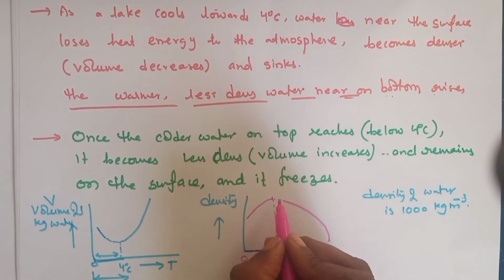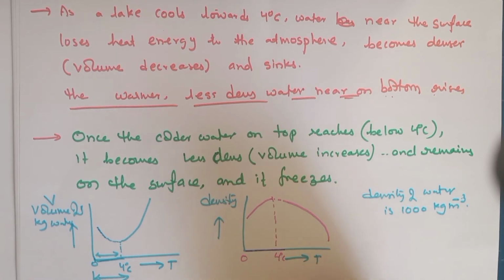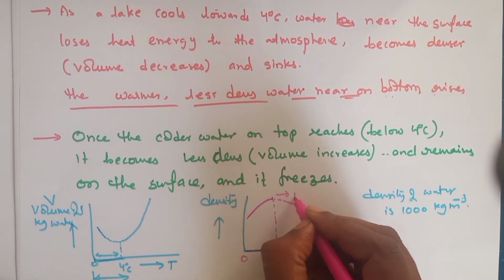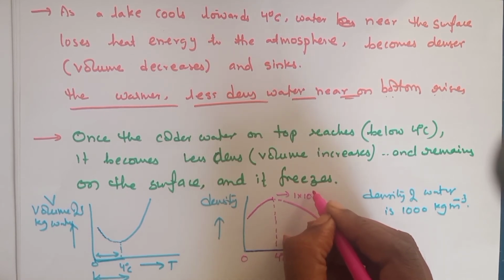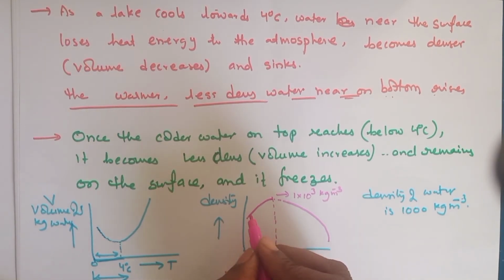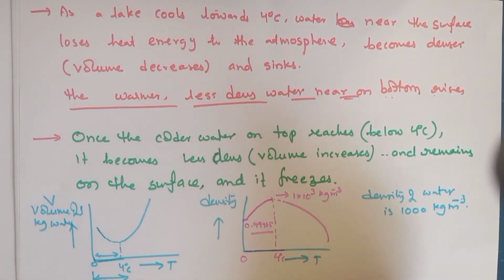This is about other area. So 0 to 4 degrees, what is happening? Density is increasing. So what is the value actually? This value is 1.1 into 10 power 3 kg per meter cube, and this is 0.99985 kg per meter cube.